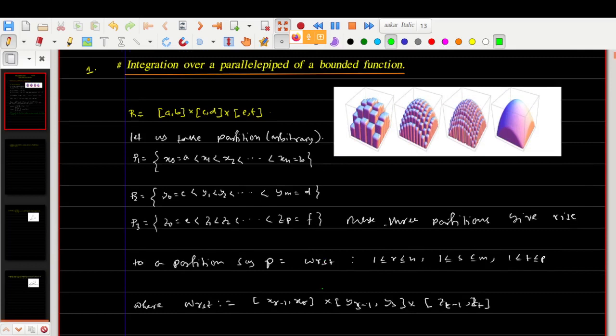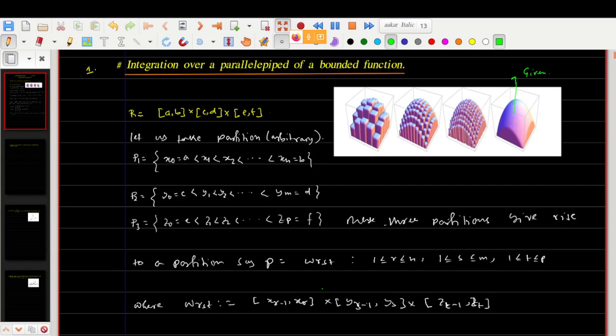Okay, now if you look at the picture, so let me show the picture. So this is the given graph, and as usual we want to approximate this curve by upper and lower sums.